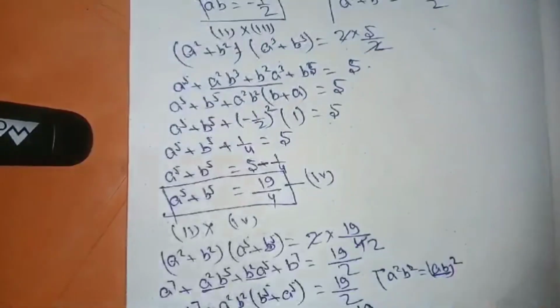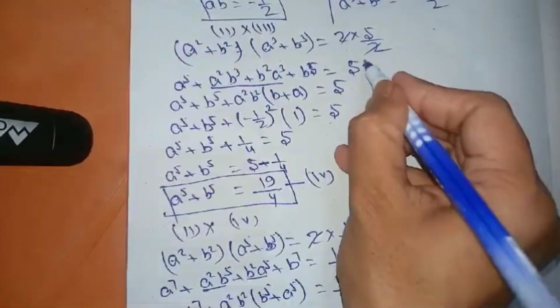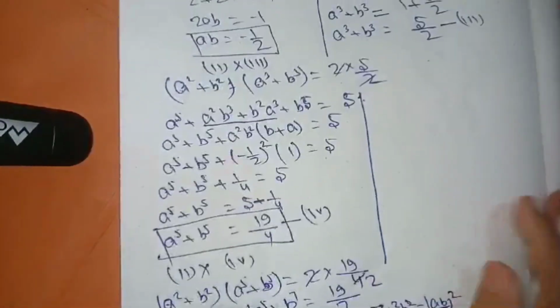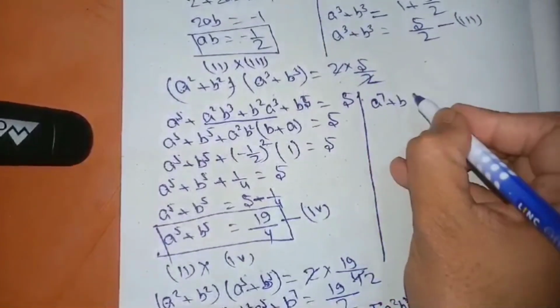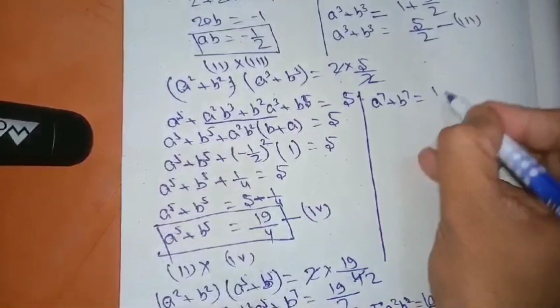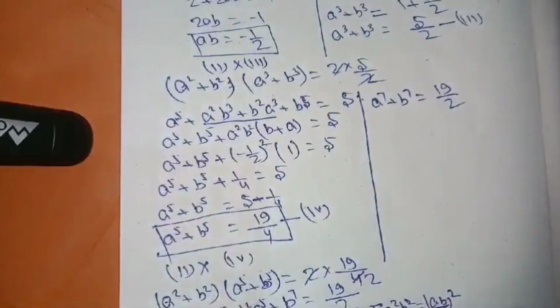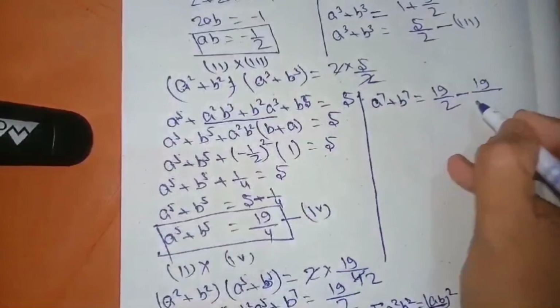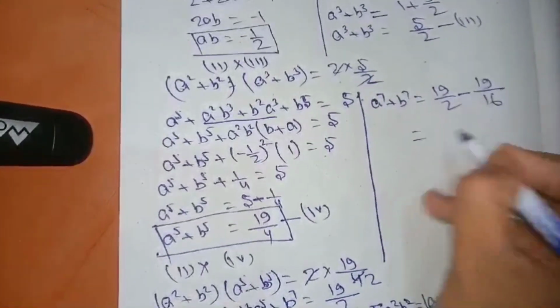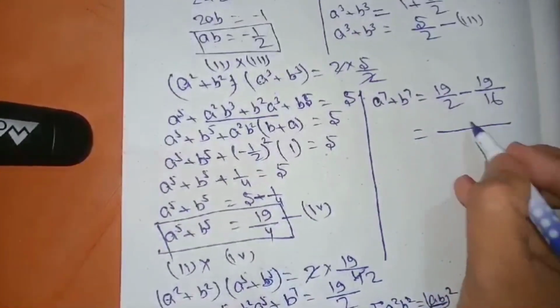Now we are going to solve this equation. So a to the power 7 plus b to the power 7 equal to 19 by 2, and we send 19 by 16 to the other side, so it comes with a negative sign because it has a positive sign. What will be the subtraction of these numbers?